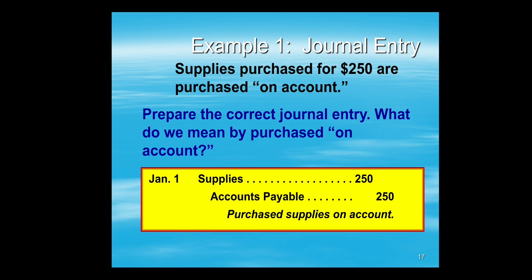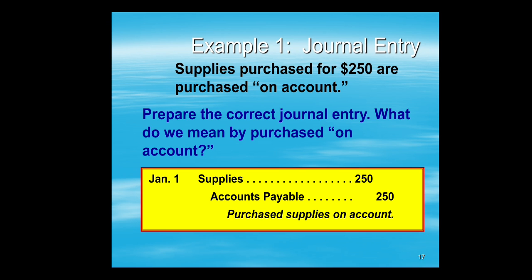So what will happen to asset? The accounting equation is asset equal to liability plus equity. So what happened when this business purchase supplies $250 in credit?